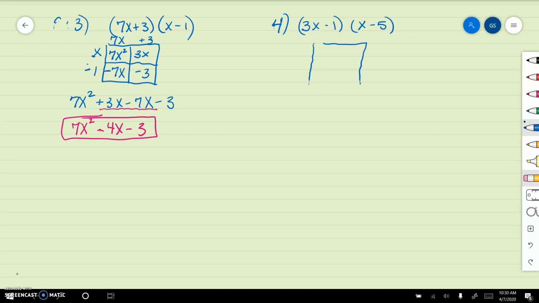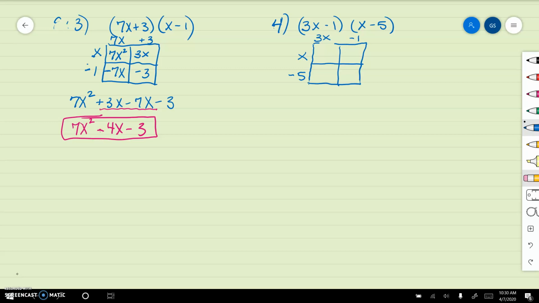If not, stick with me. Okay, 3x minus 1 goes on top. X minus 5 goes on the left. So it's the first binomial on the top, 3x minus 1, and the second binomial on the left side.